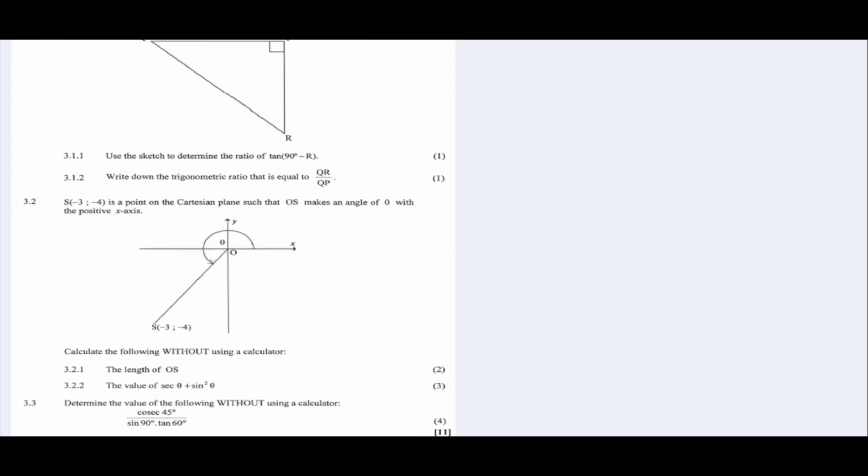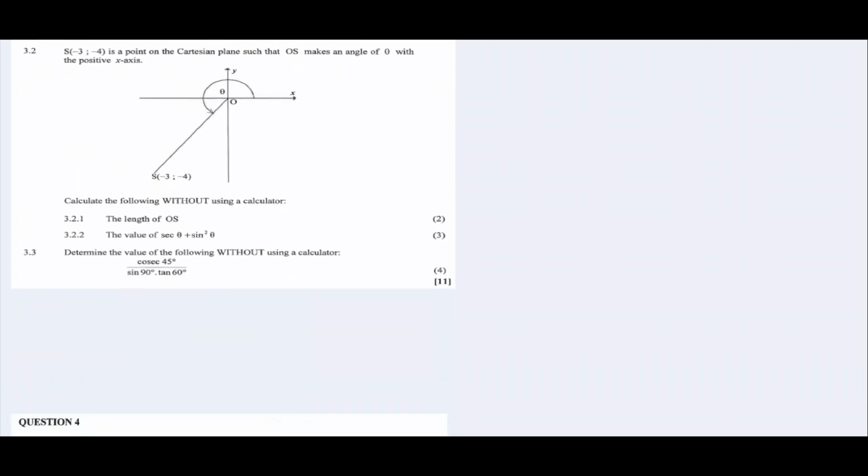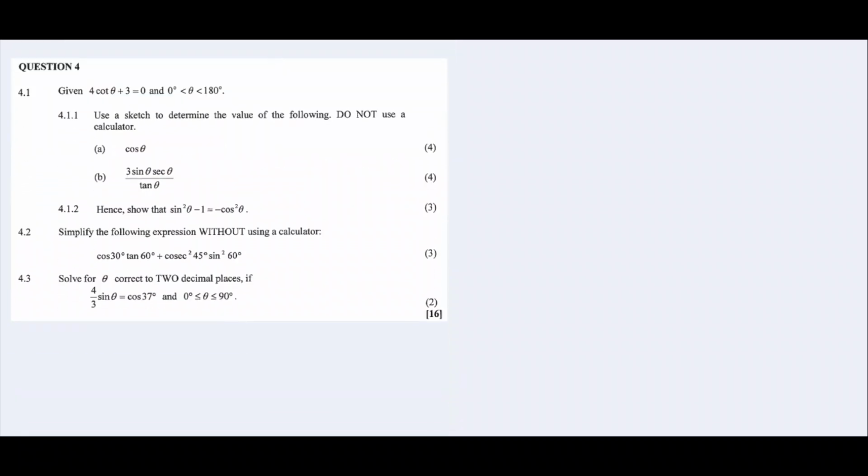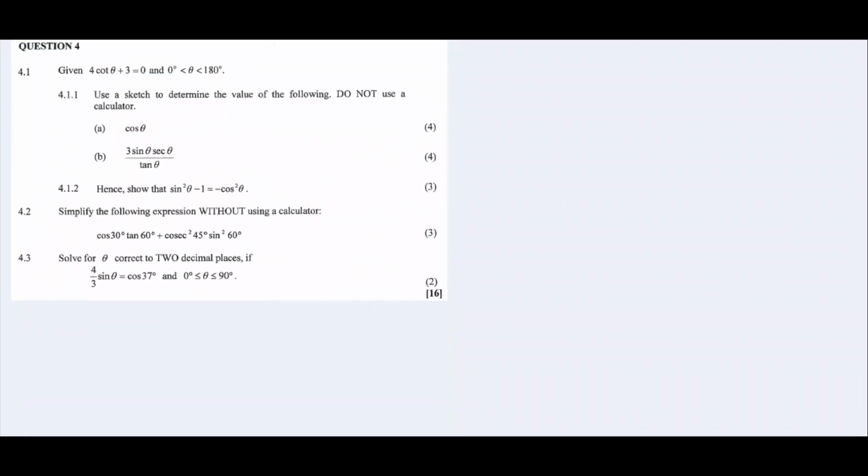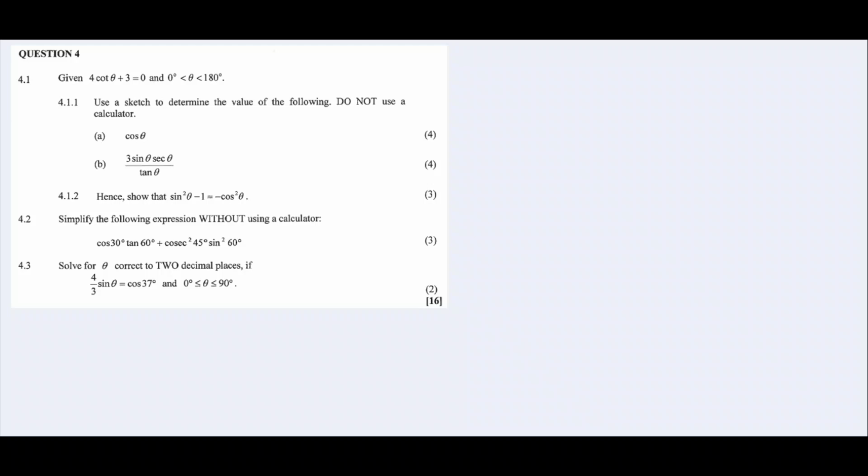So let's quickly move on to the second part of the problem, so that we cover as much as we can. We will quickly go into question 4. With question 4, we have to read the information given and try to make it useful.